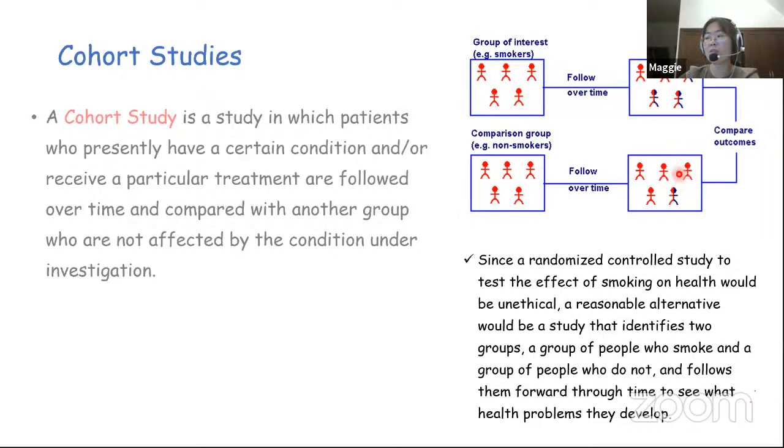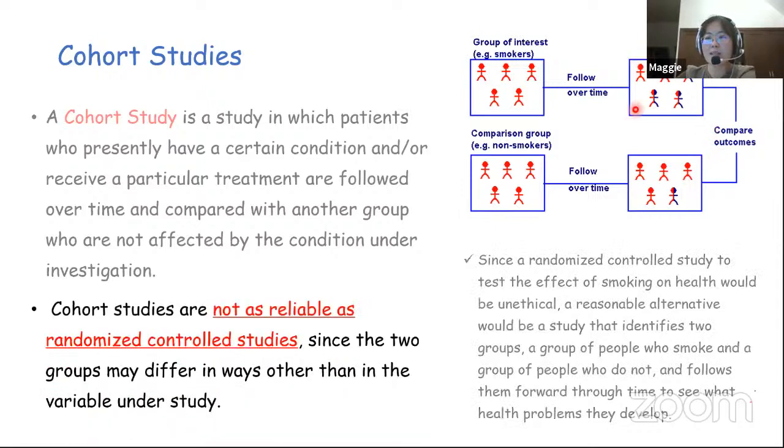And then you see how many of them develop lung cancer, and compare these 2 groups and their smoking habits. And then you can get the conclusion whether smoking is harmful to the patient, that is, whether smoking is related to the development of lung cancer. So this kind of study is a cohort study.